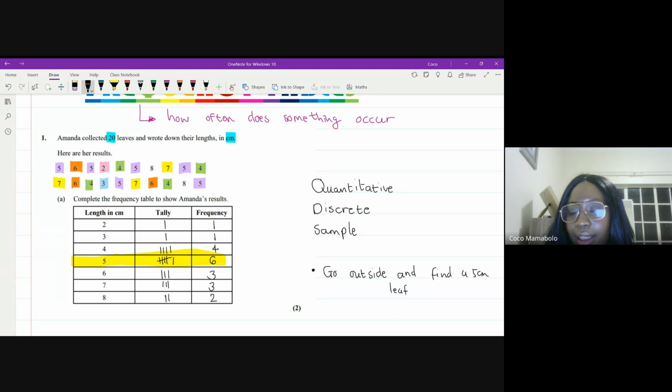And she can say this because when she was collecting leaves, she noticed that a lot of the leaves that she found were 5 centimeter leaves. So if she sends her grade 3s outside to go find a 5 centimeter leaf, there's a very high chance that they're going to be able to find a 5 centimeter leaf.